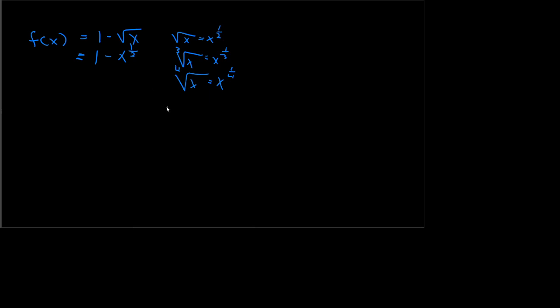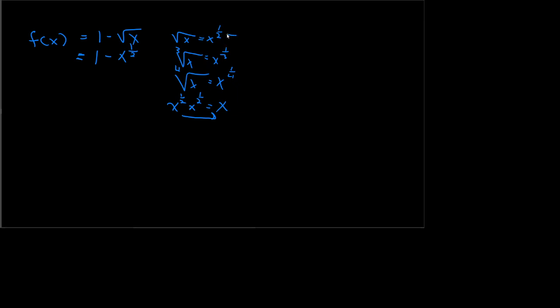And we can see this because if I take the square root of something and I square it, my rules of exponents say I add the exponents and I get the x back. So you'll see I'll go to this notation periodically because there's some other rules where the power rule is easier to visualize.